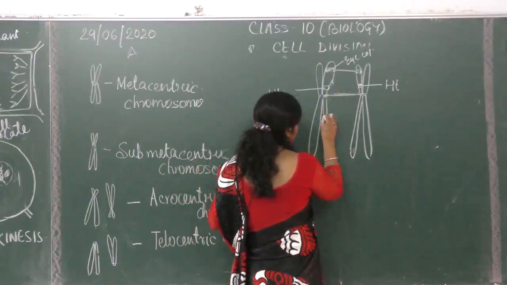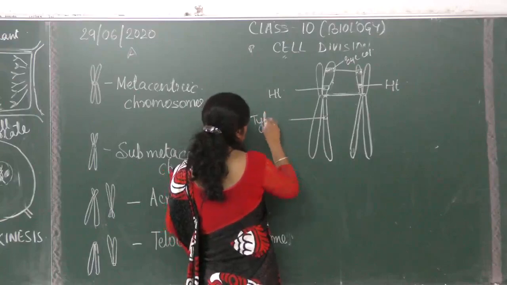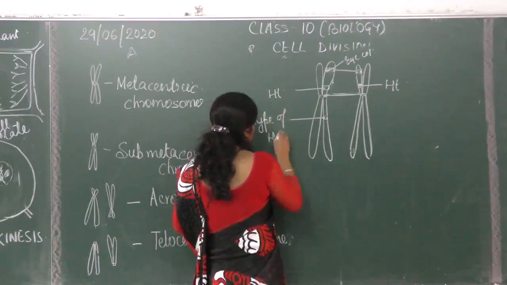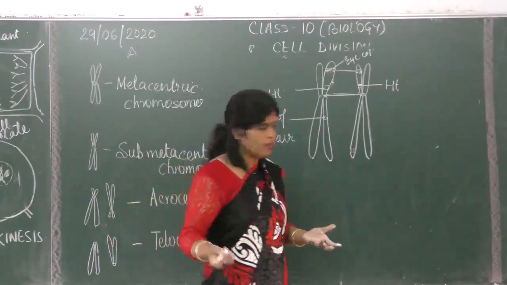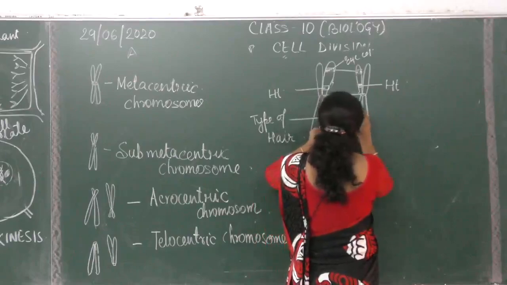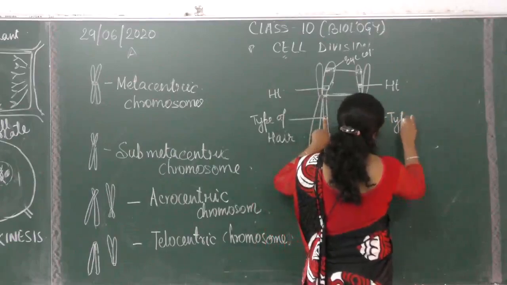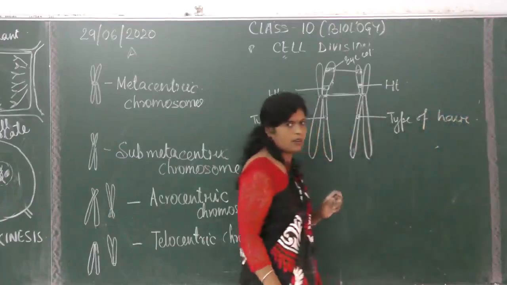I'll take the 4th, the type of hair. Type of hair means straight hair, curly hair, wavy hair. So if this is the 4th gene controlling the type of hair, this should also be the type of hair. This is a gene controlling the type of hair. Is it all right?